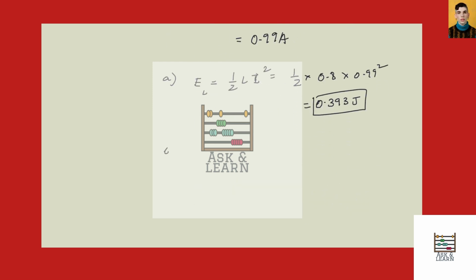Now similarly you have to calculate how much energy is stored in the capacitor. This is pretty simple. You need to calculate the potential across the capacitor, which is nothing but I times XC.